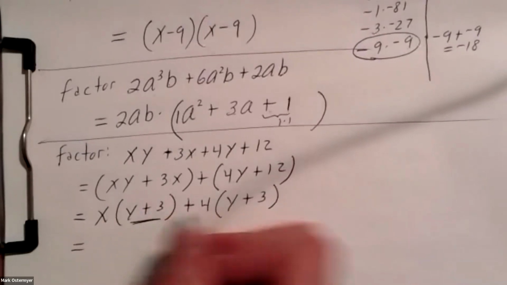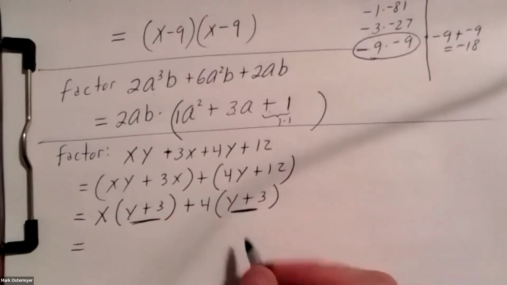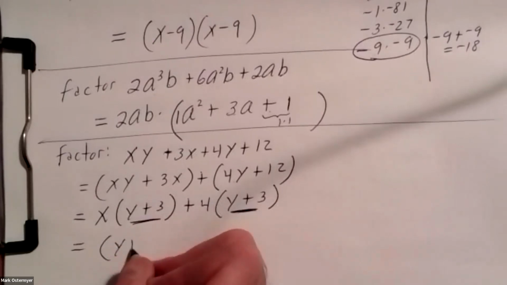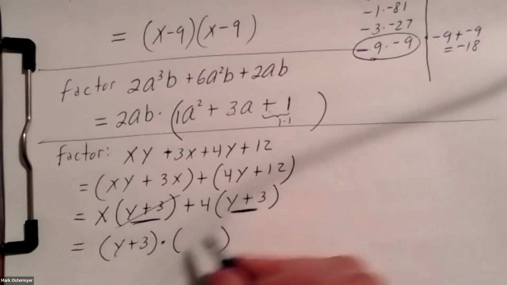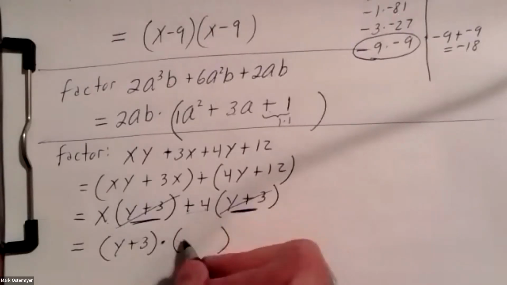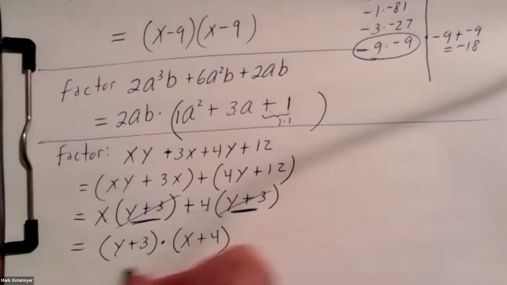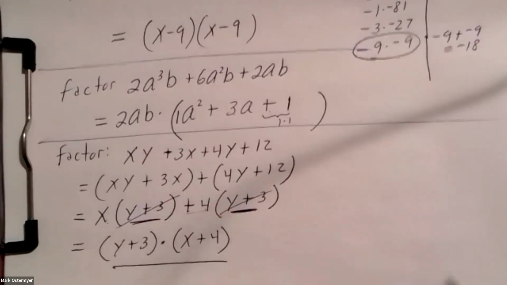Now I can factor that common binomial factor of y plus 3 out of both these terms. Times what do I leave behind in doing so? X plus 4. Done. That's your factorization of that four-term polynomial.